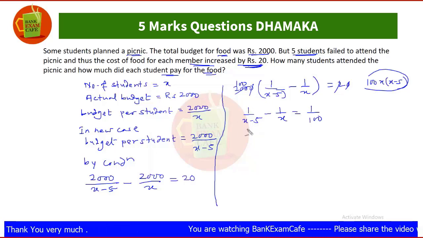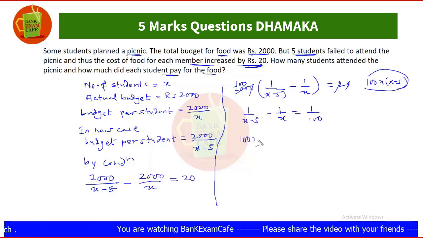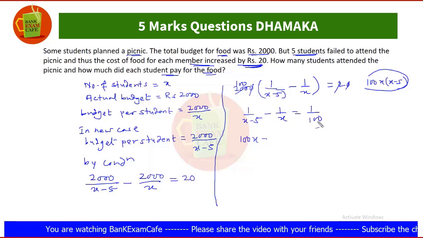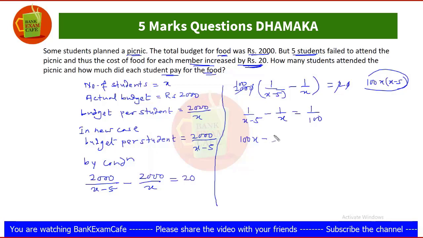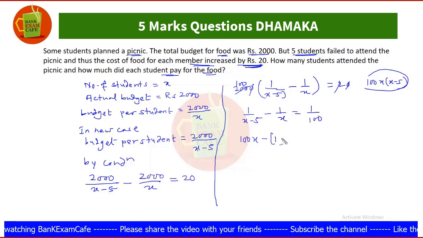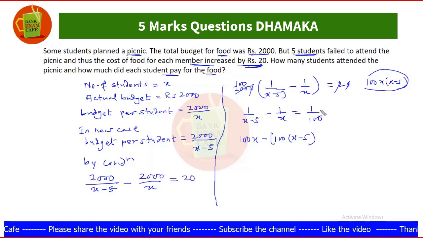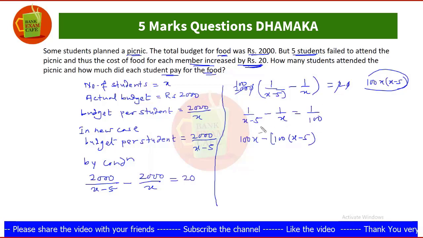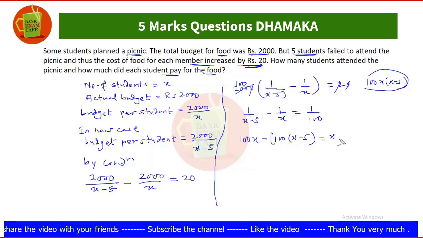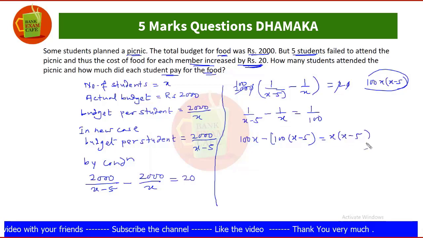So here we will have to multiply by 100x, so it will be 100x minus, here we will have to multiply by 100 into this, so this will be 100 into x minus 5, and here we will have to multiply by x into x minus 5, which is equal to x into x minus 5.